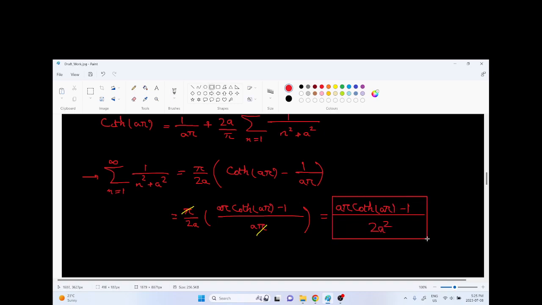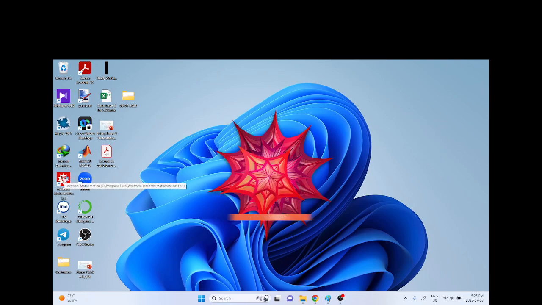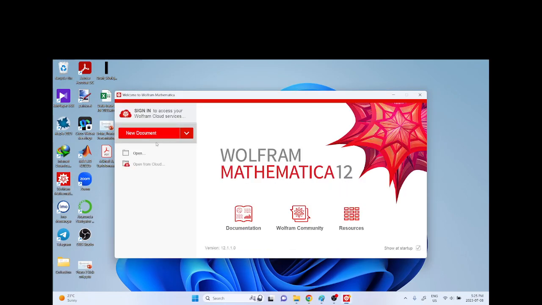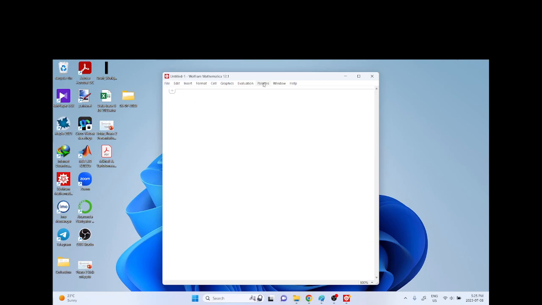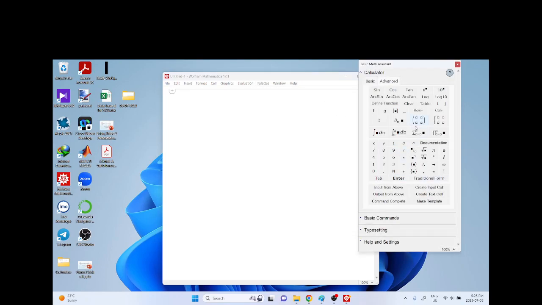And let me just verify this beautiful result using my favorite math software, which is Mathematica, aka Wolfram Alpha. And this really looks nice.